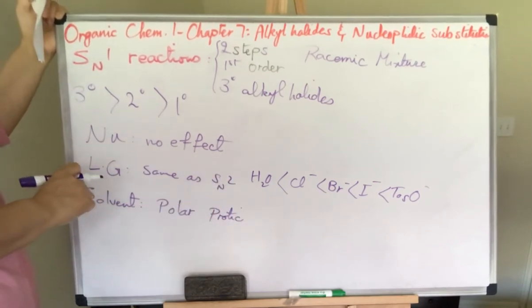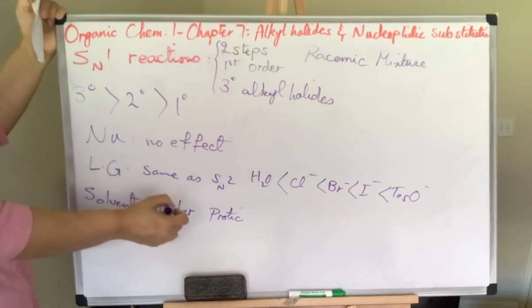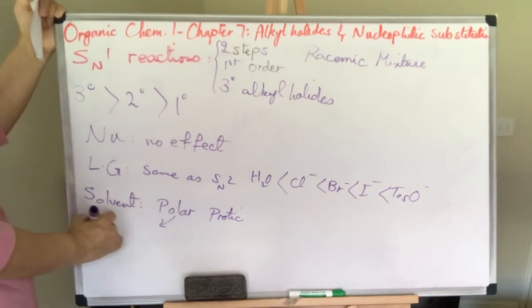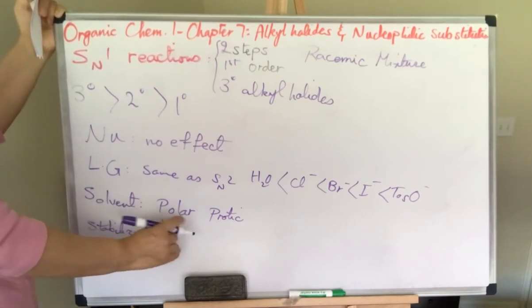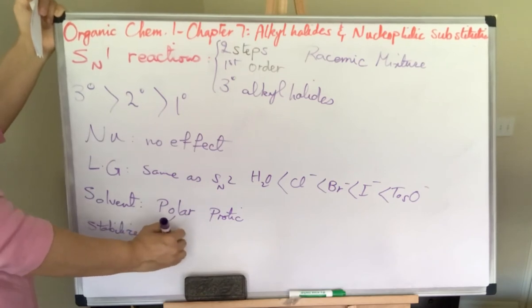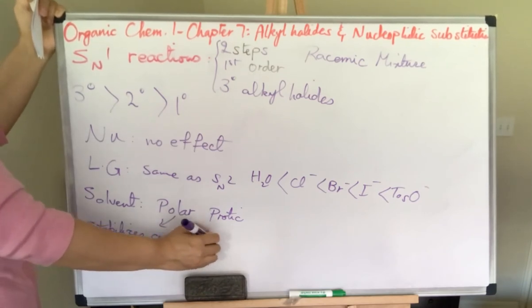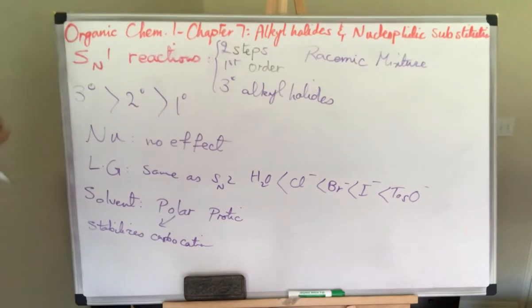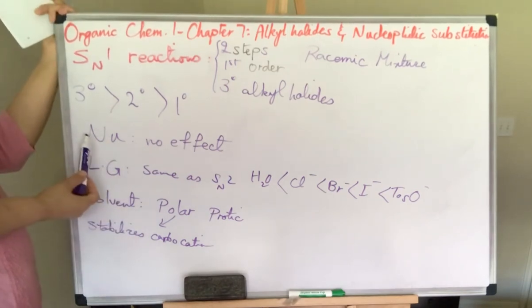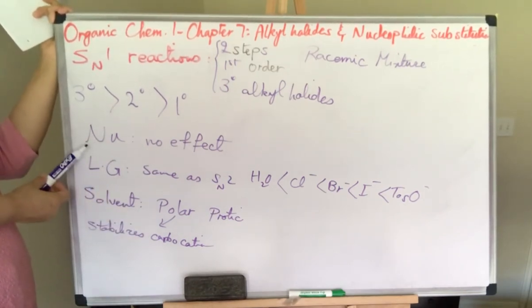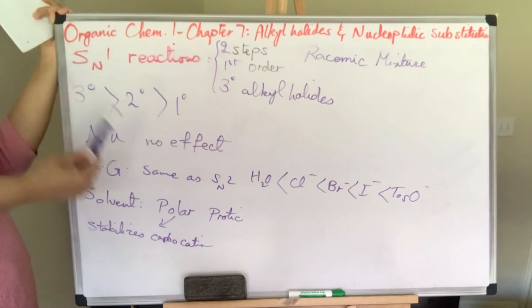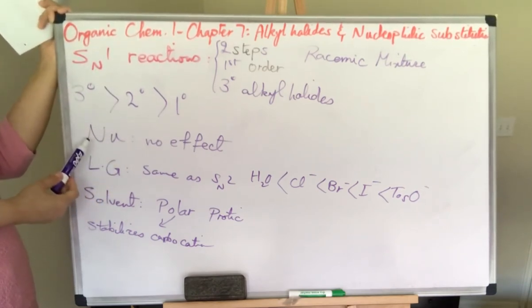Polar, protic. Polar because the polarity stabilizes the carbocation, the intermediate. And we normally need protic because, again, the nucleophile is not going to be in the first step, which is the more important step in this mechanism.